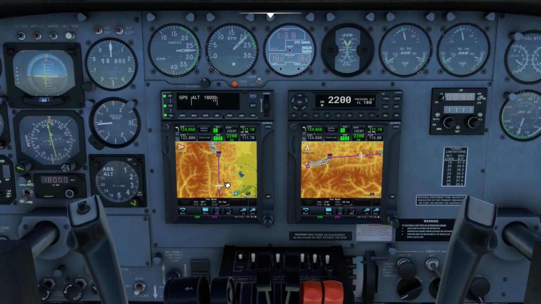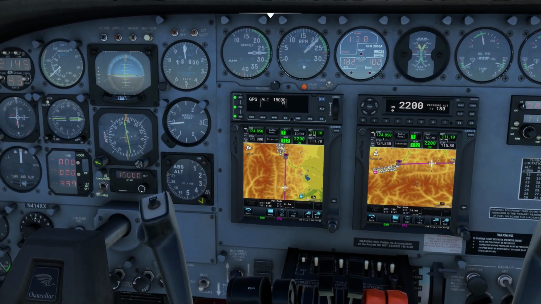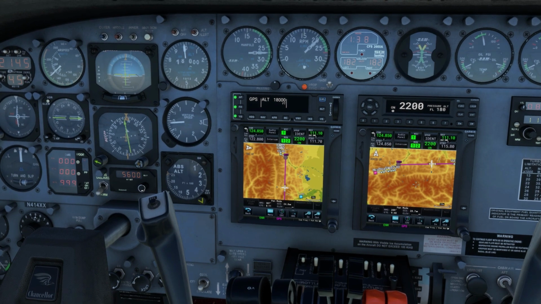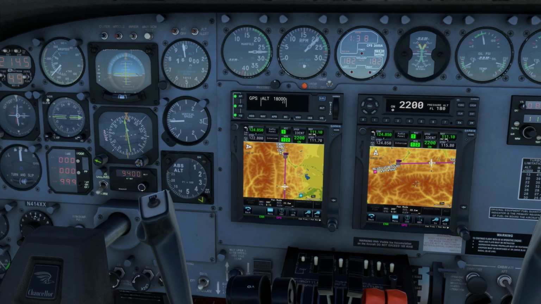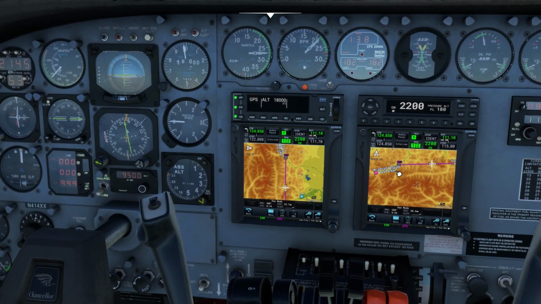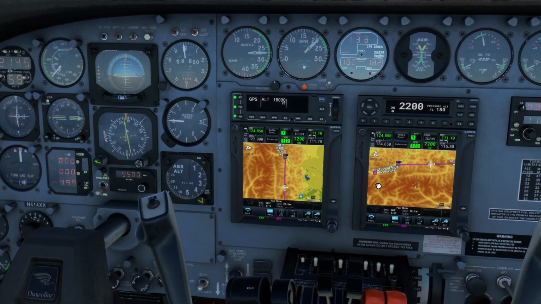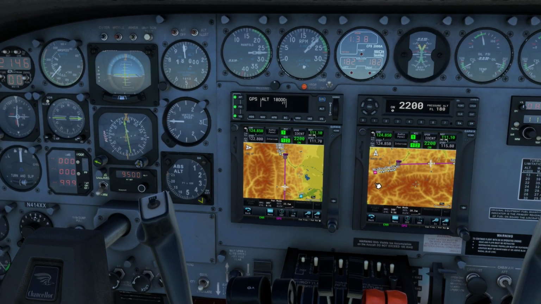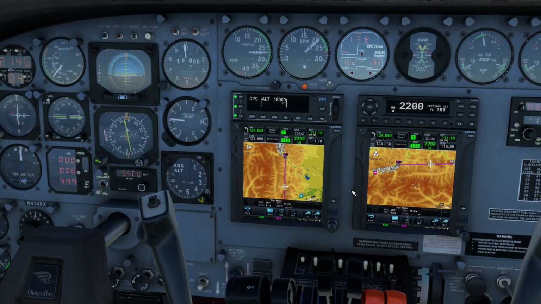Again, we're gonna go down to 9,500 feet first, and then while we're on the approach, we're gonna descend at a 3.77 degree descent flight path angle.